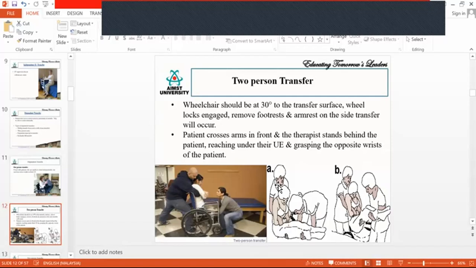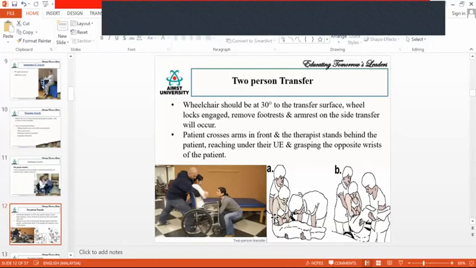Because this particular transfer is normally done for people who have weakness in one hand or one leg, like hemiparesis or stroke patients only, you will be doing this kind of transfer. When you are lifting the patient, the hand may just hang down and get stuck in the chair or the wheelchair and it may get broken.